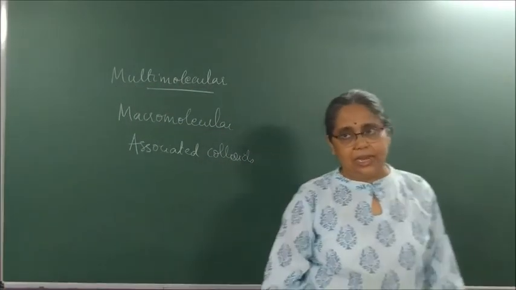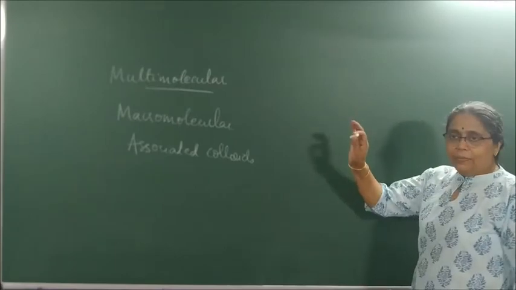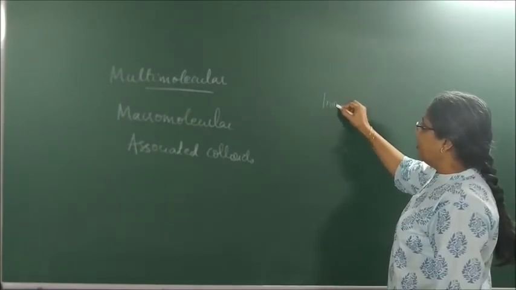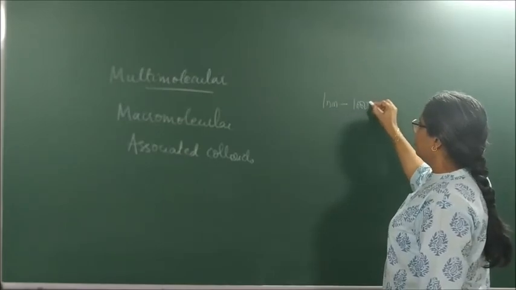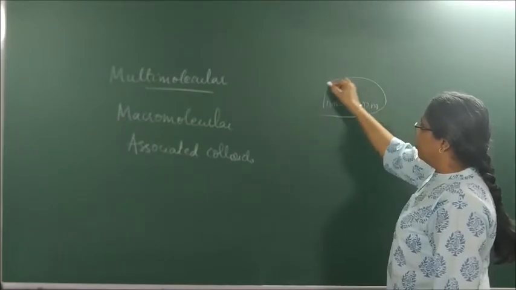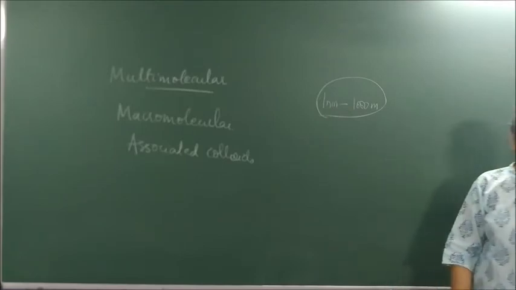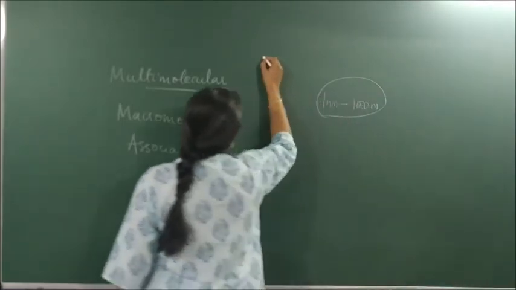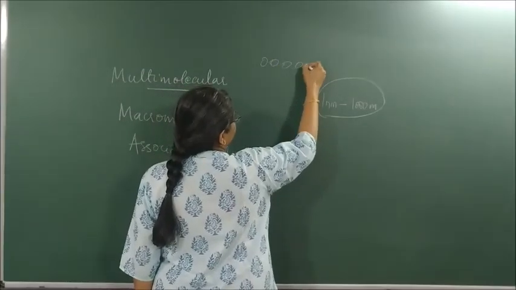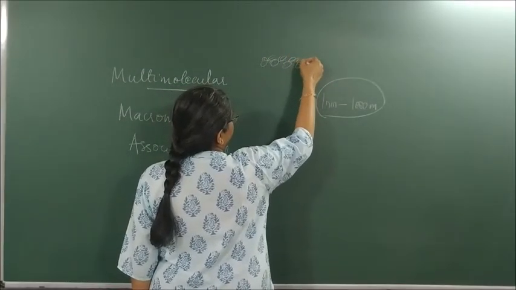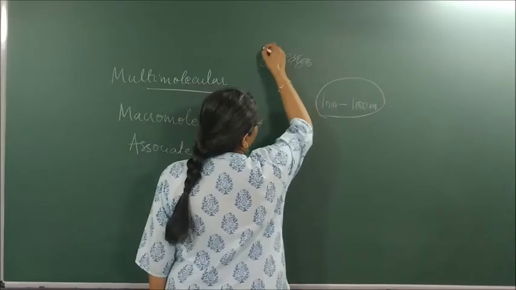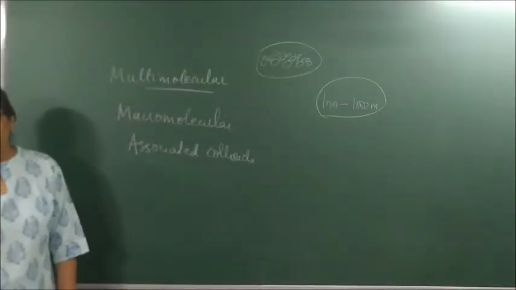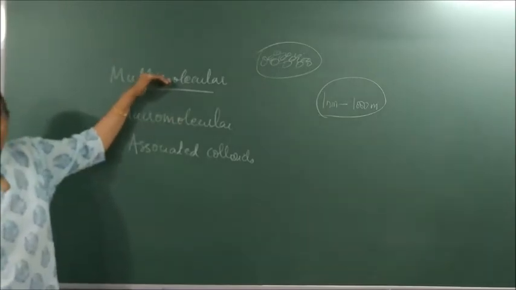Now let us understand. We said colloidal particles are having a particle size between 1 nanometer to 1000 nanometer. So to get this size of particle, many smaller particles of true solutions can arrange themselves in multiple layers to form a colloidal size particle. This kind of layering is called as what?